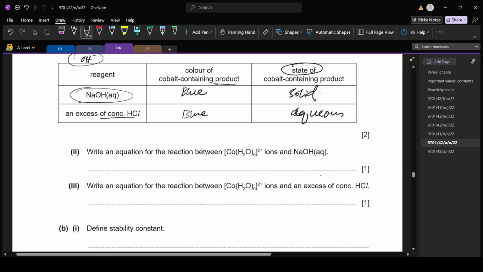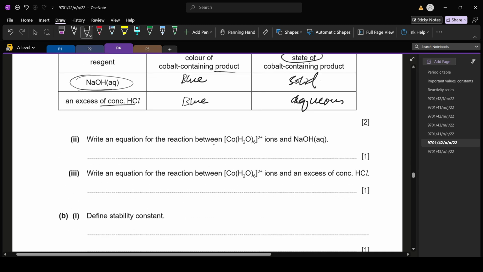Now write an equation for the reaction between this complex of cobalt and NaOH. When this complex of cobalt reacts with NaOH, the hydroxide ions react to form this complex.